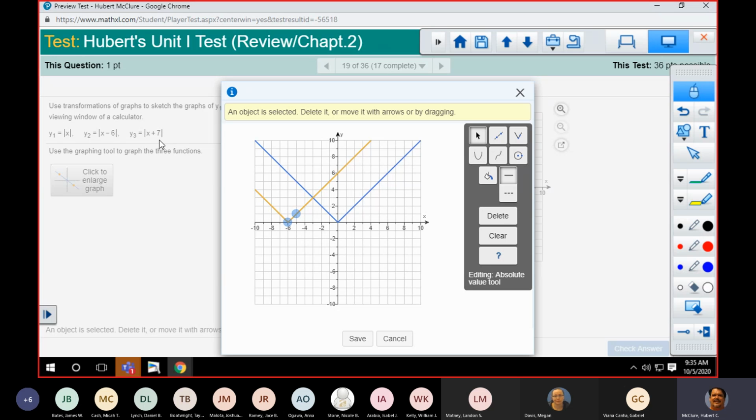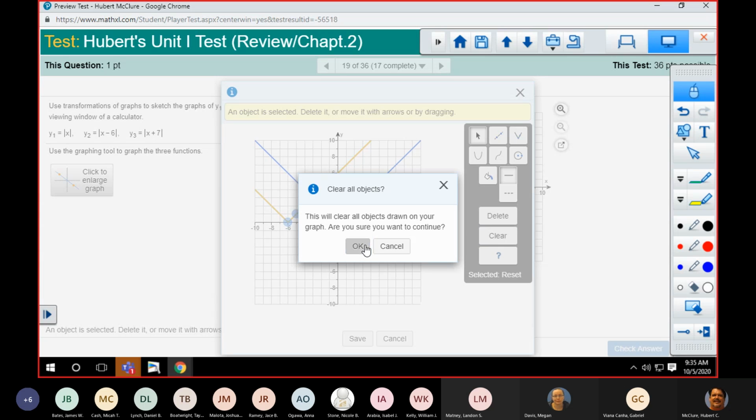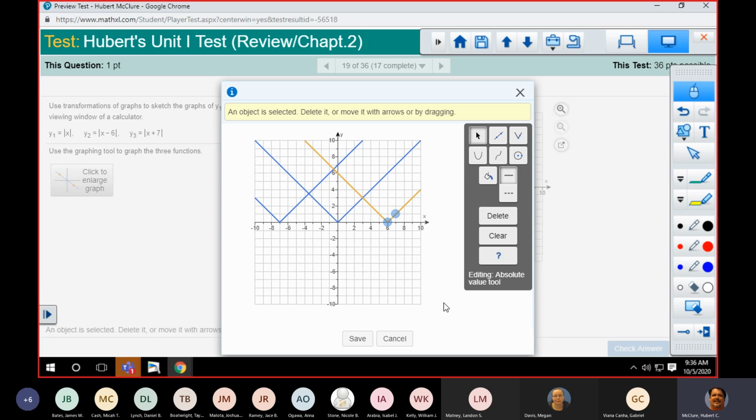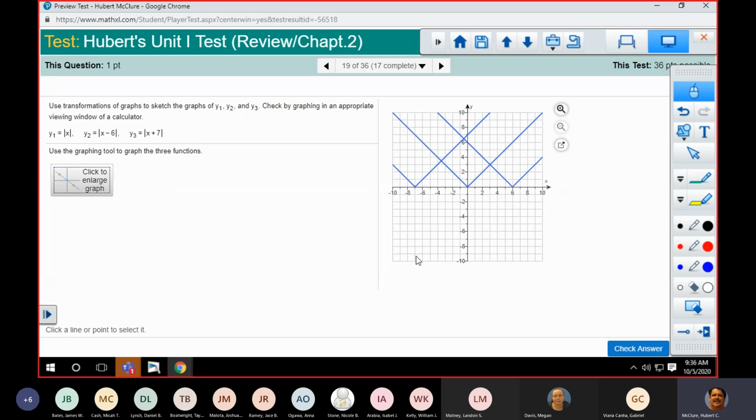And then X plus 7, I'm sorry, I did it backwards. Okay, there's our 1-to-1. Then we got a 7 to the left. And then we got a 6 to the right. That should be our answer.